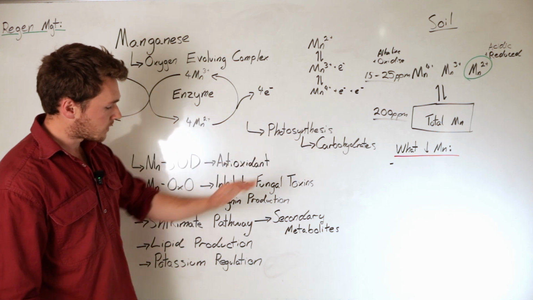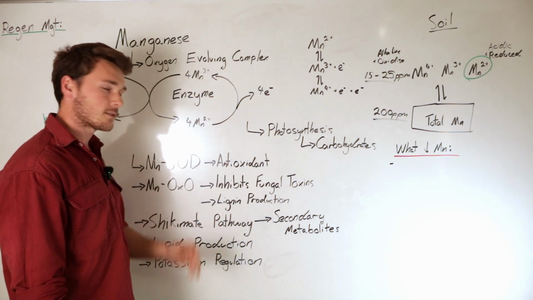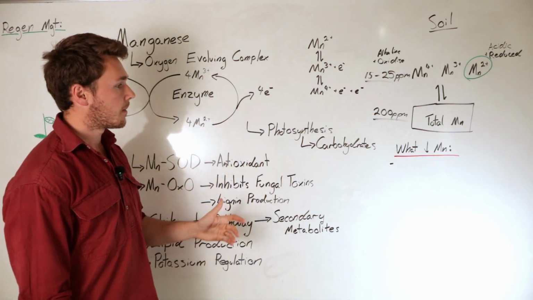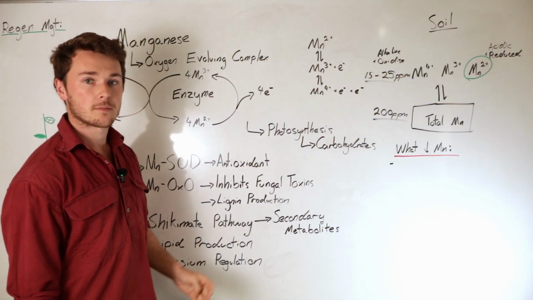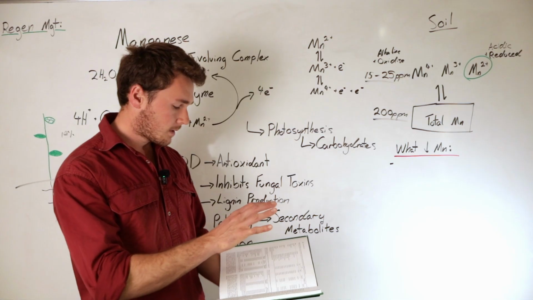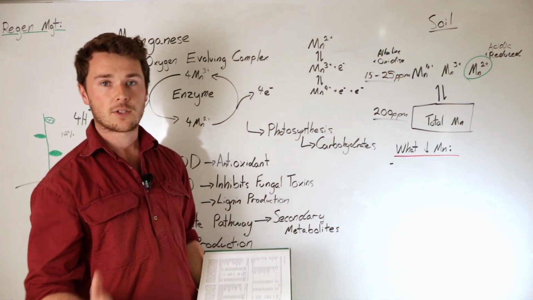So there's that component, but also it increases lignin production because you need that carbohydrate backbone to then increase lignin. So it's one of those things where everything kind of plays together, but it all stems back to having sufficient amount of manganese.